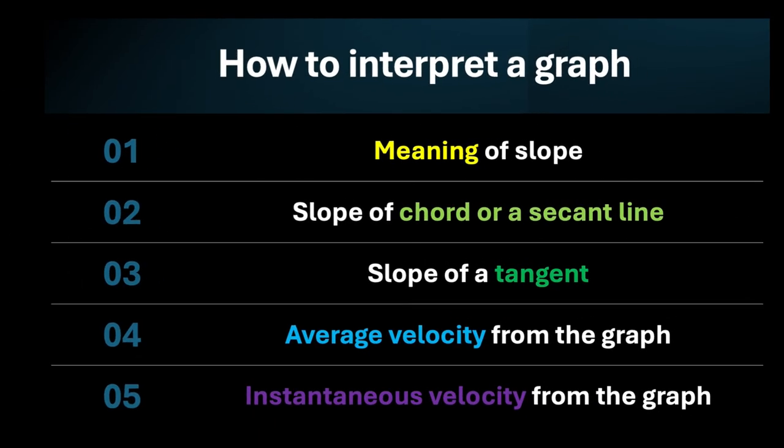We will go through these topics, which are: meaning of slope, slope of a chord or a secant line or a tangent, and then how to calculate average velocity and instantaneous velocity from the graph. Yes, it would be good if you can make a note of this and then expand each point here.